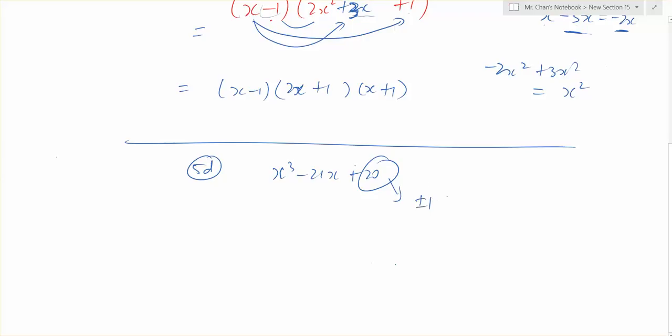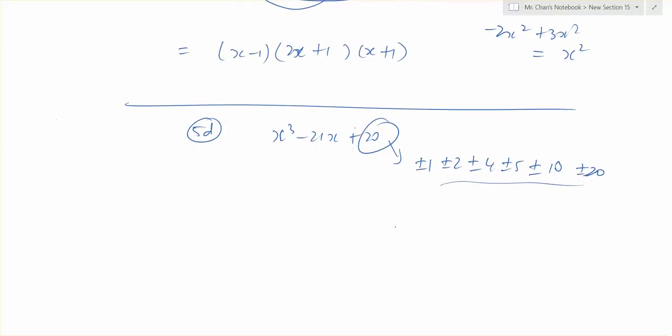We've got plus or minus 1, plus or minus 2, plus or minus 4, plus or minus 5, plus or minus 10, and plus or minus 20. Hopefully we do not have to go through the laundry list of potential factors. So I'm going to hope that p of 1 works. Let's see. So 1 minus 21 plus 20. Yes, that happens to equal 0, so it works.